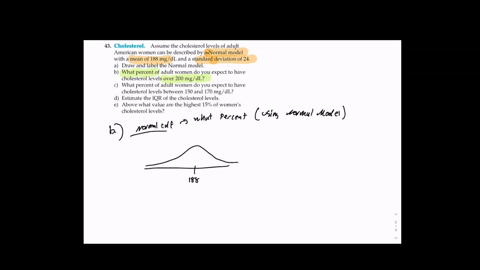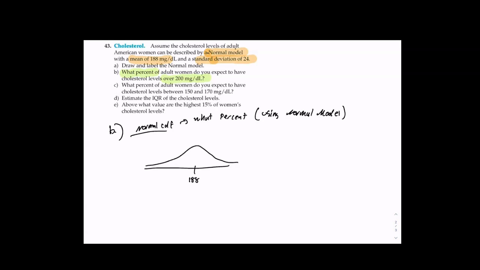I think it's cover the number on the left and right side. That would be the drawing the normal model. We want to answer this question for B. What do I do? We got to answer this question.